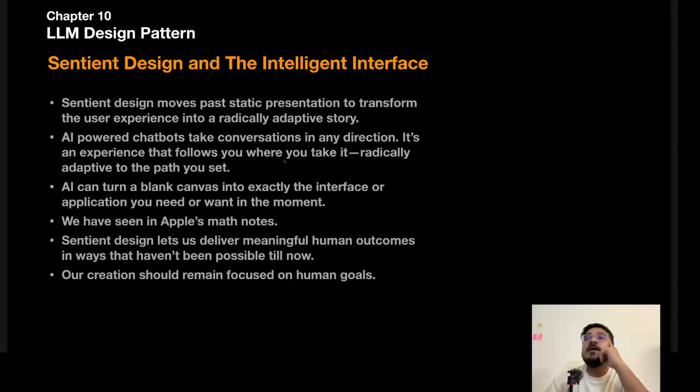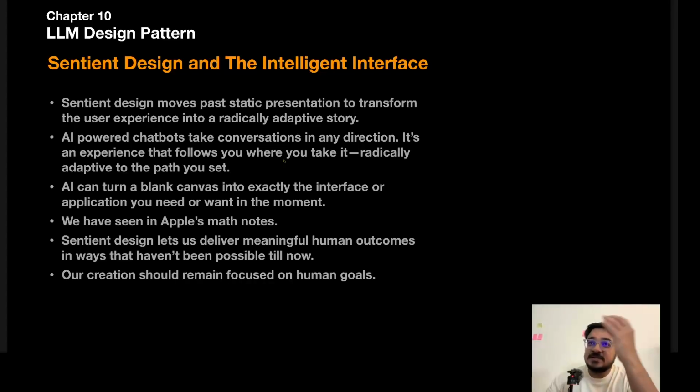We have exactly seen that in Apple's Math Notes. Whenever you do some math in your notes, the AI will basically be scrolling the page, looking out for those math calculations, and it will prompt you, asking should I do this calculation and put the answer over here? So that is an adaptive AI, right?